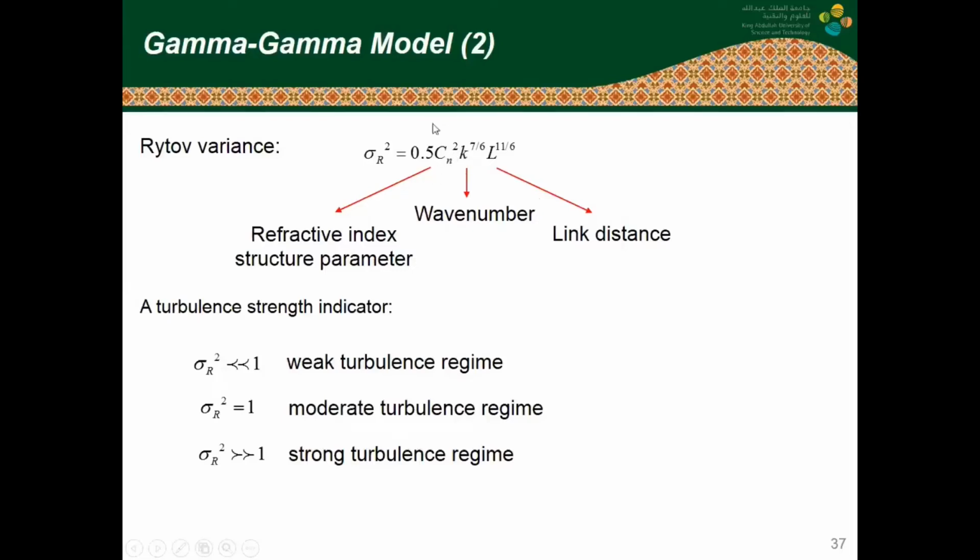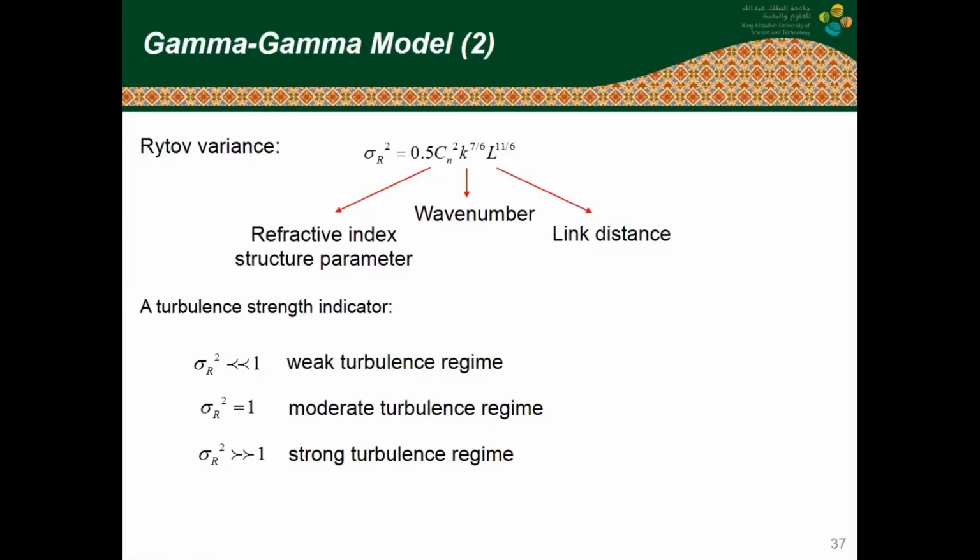This Cn squared depends on the amount of turbulence in your channel. So obviously, the longer your path, and the more turbulence you have within this path, the higher sigma_R, and essentially the more turbulent the environment you are operating in, which means the higher your scintillation index.